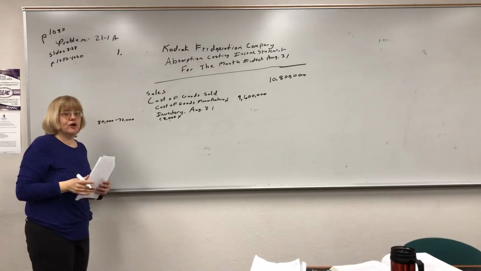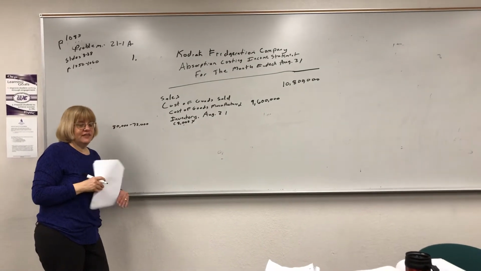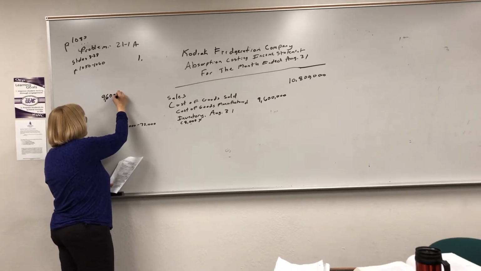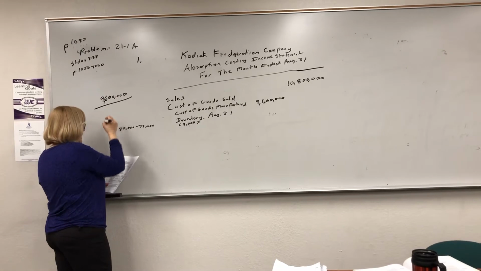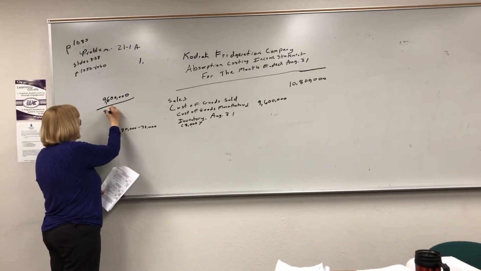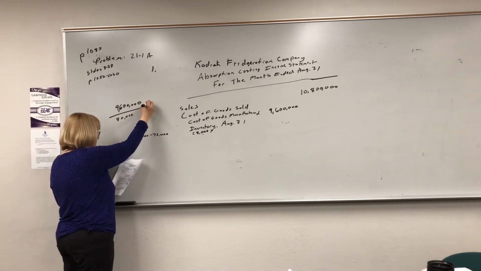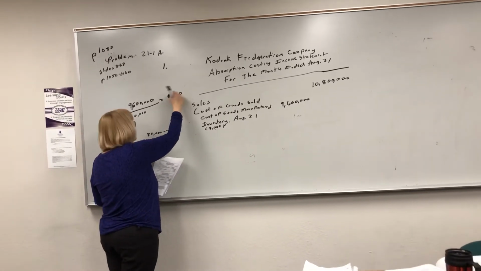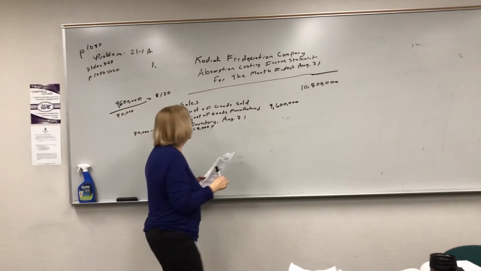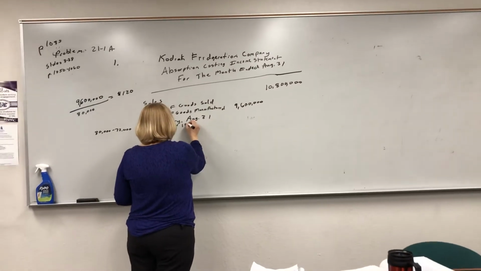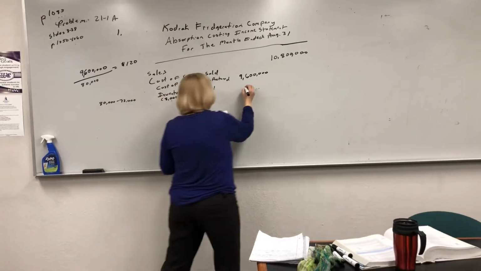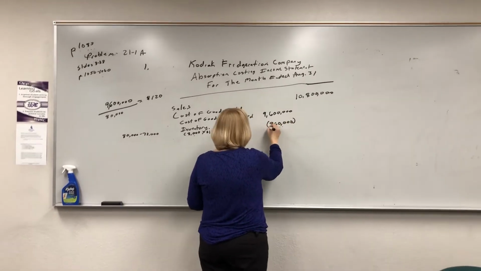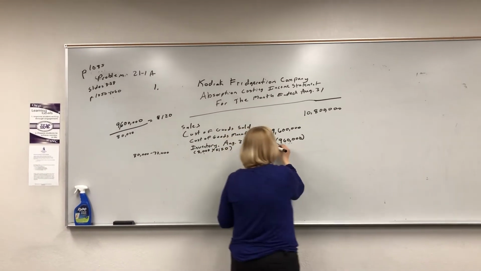And then we have to find our per unit cost for the 8,000. To get that, we take our $9,600,000 and divide it by the 80,000 units that they produced. That gives us a per unit cost of $120. So 8,000 times $120, we end up with our ending inventory of $960,000, which of course we subtract from our cost of goods manufactured.